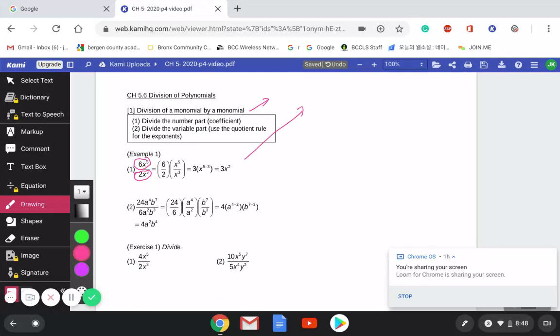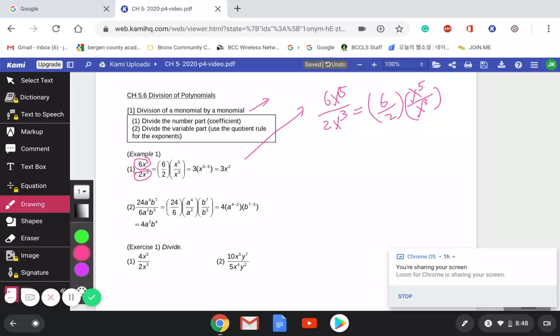When you have a question like 6x to the fifth, which is a monomial, divided by 2x cubed, what you do is group them by like terms or same base. So 6 and 2 are like terms, and x to the fifth and x cubed are the same base. Like we combine the same base in multiplication and combine the numbers, you do the same thing with division of polynomials.